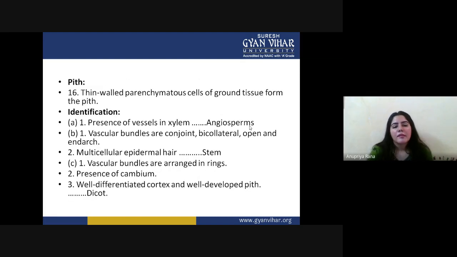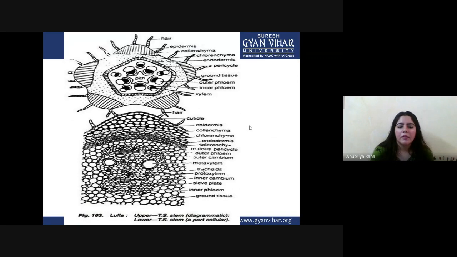Now if we see the pith portion, how the pith looks inside the body. Thin-walled parenchymatous cells of ground tissue form the pith. Very thin-walled parenchymatous cells will be present in the pith, and the pith can be well developed. In the case of the dicot stem, sometimes the pith is very reduced.